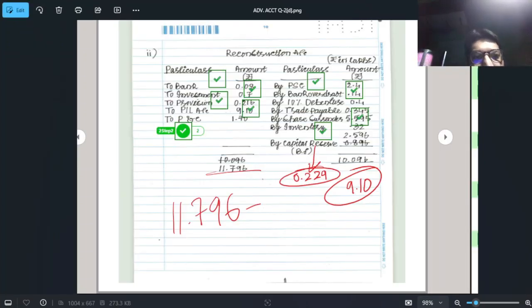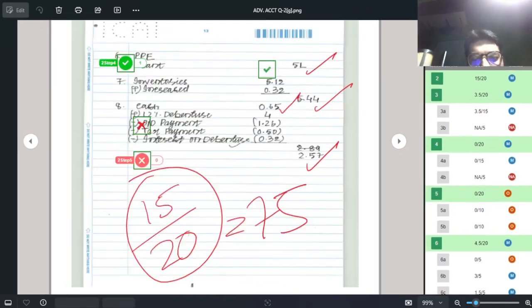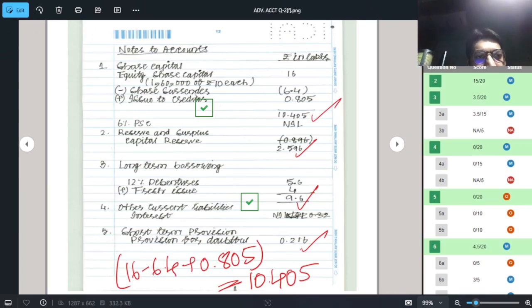So this is the solution. There is a slight difference in the amount, but everything was correct in this particular solution. This is the balance sheet and the notes to accounts.